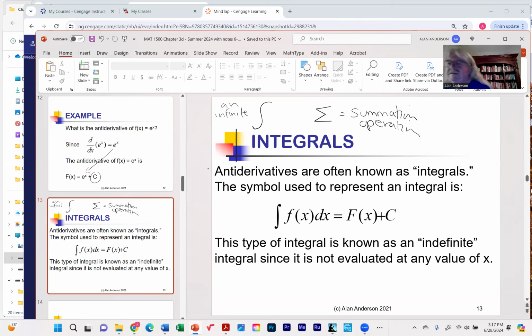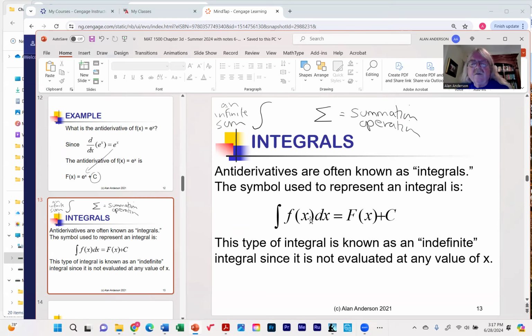Now you may not be able to visualize that just yet. When we formally define integration, you'll see what this is all about. We're using geometry to formally define integration. And so what you actually end up with is an infinite set of rectangles whose area equals our integral. So that's where this notation is coming from.